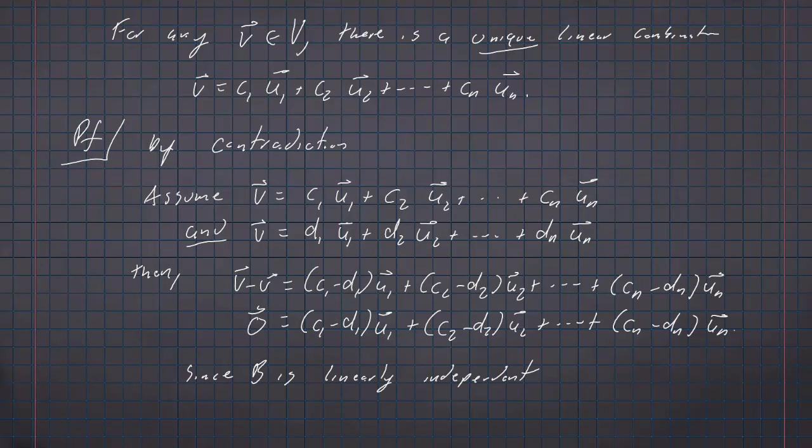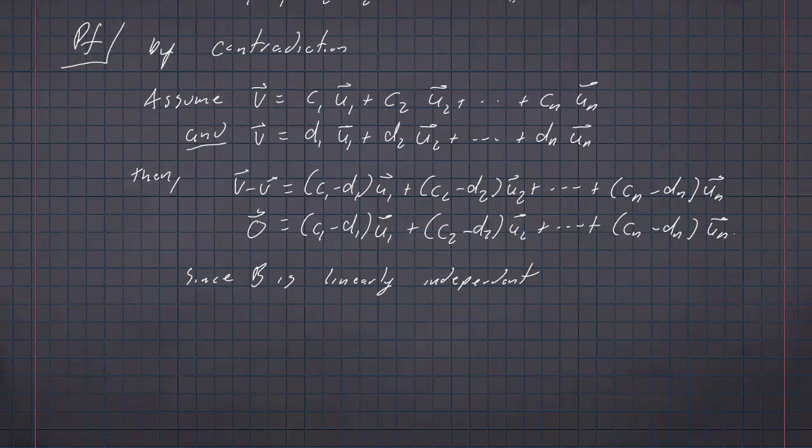But a basis is linearly independent. That means that the only way to get a linear combination equal to the zero vector is if each of those coefficients must be zero.